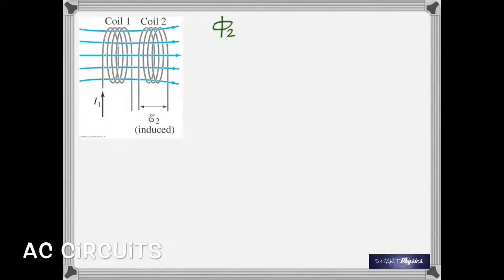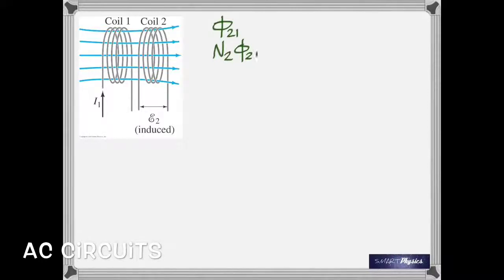And I'm going to write phi 2,1, and you have to read it as the flux in 2 due to the current in 1. The flux in 2 due to the current in 1. And to get the total flux, of course, you have to multiply with the total number of turns in 2. Correct?